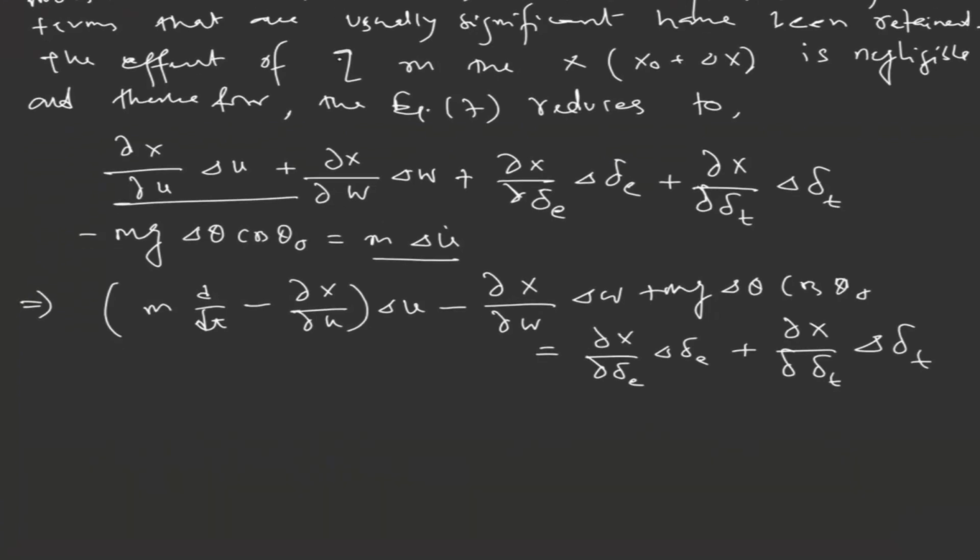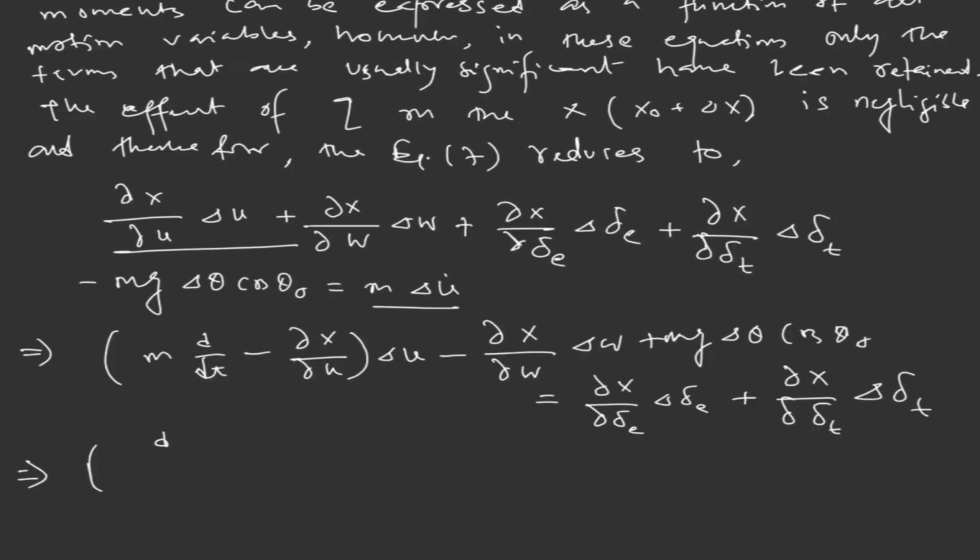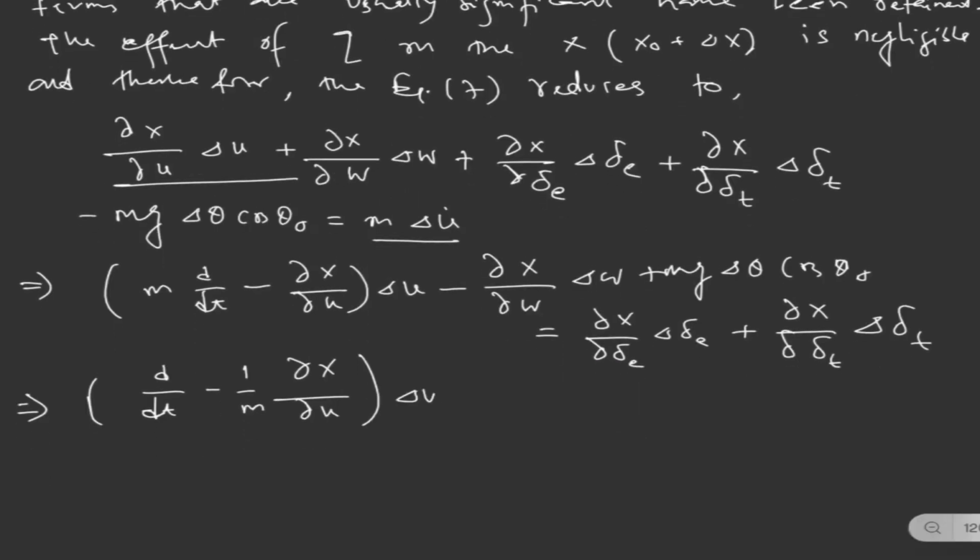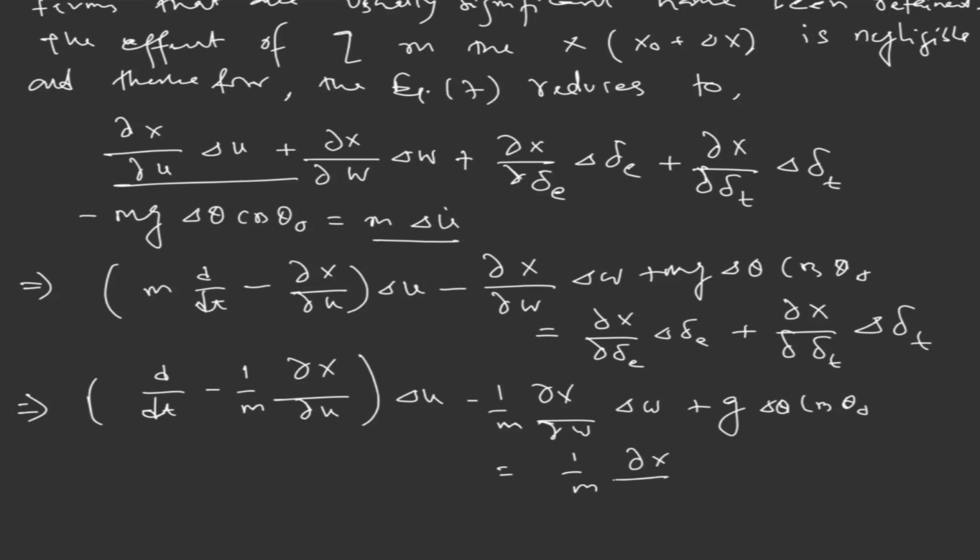If you divide by the mass of the aircraft on both sides, you can write delta u dot minus 1 upon m del x del u into delta u minus 1 upon m del x del w delta w plus g delta theta cos theta naught equal to 1 upon m del x del delta e delta delta e plus 1 upon m del x del delta t delta delta t.